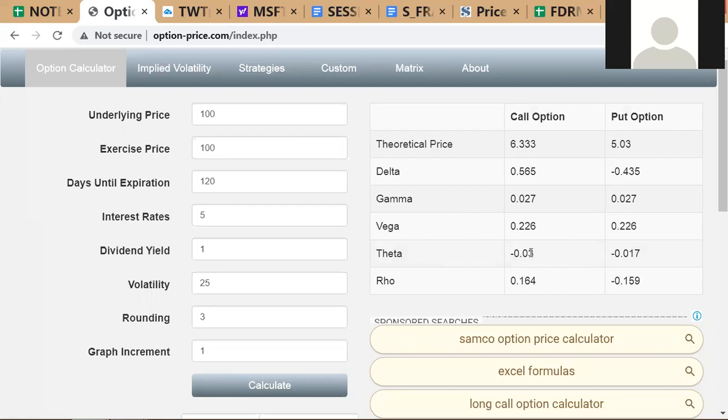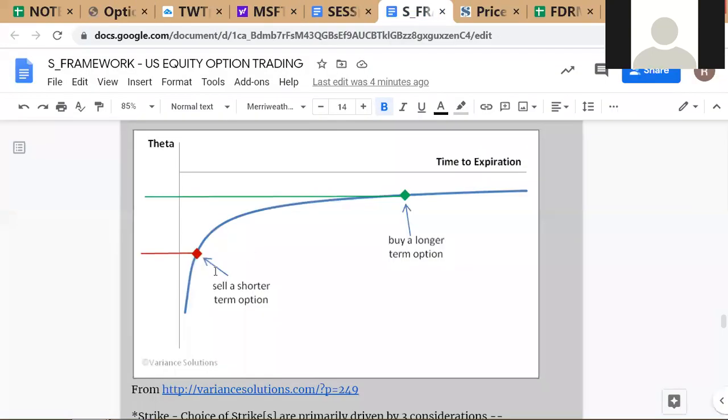So you're benefiting from the theta. On the short side, you want to have the opposite attitude. You want to be selling short dated options, because then you're picking up money very rapidly based on the theta, because the theta is becoming a rapidly larger negative figure. So every day you're picking up profits at an increasing pace.